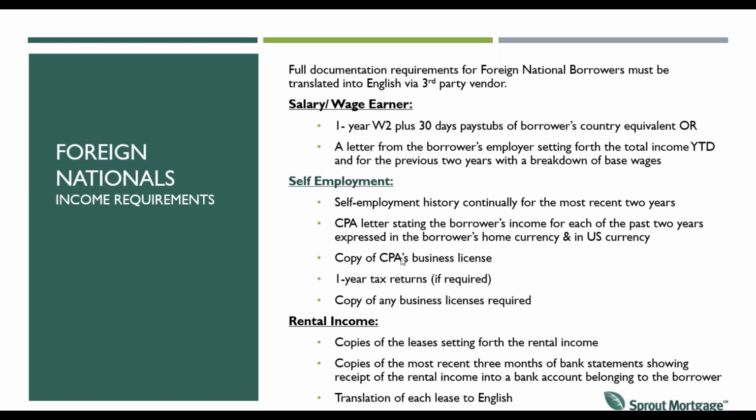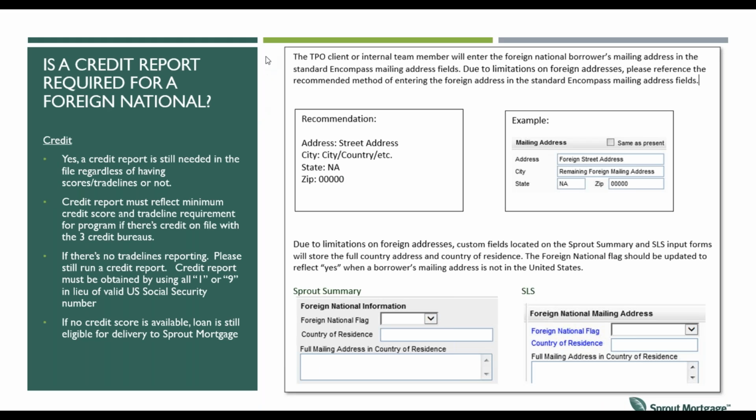We do require that CPA to be licensed, and a copy of that business license is required. Now, also, if they have rental income, they might have rental property in their country of origin. That's fine. We will allow that as well using 3 months bank statements and a copy of the lease. But please note, all of this would have to be converted to U.S. dollars and or translated by a reputable translator company, okay?